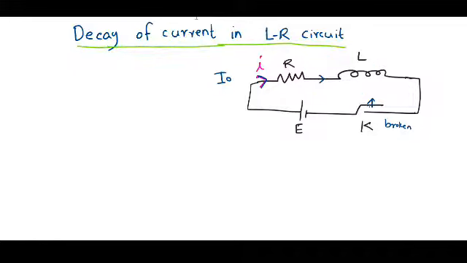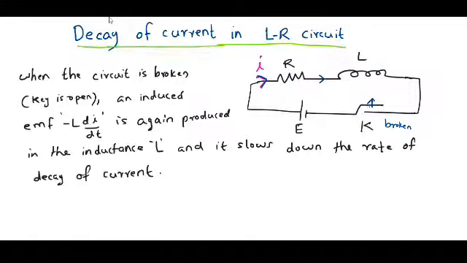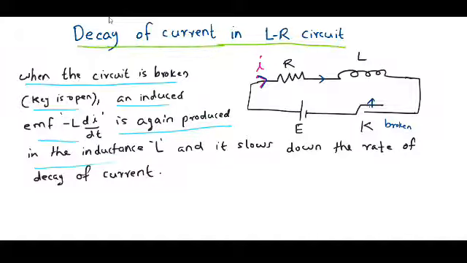Let me note down here: when the circuit is broken, that is, the key is opened, an induced EMF, L di by dt, is again produced in the inductance L, and this induced EMF slows down the rate of decay of the current in the circuit.